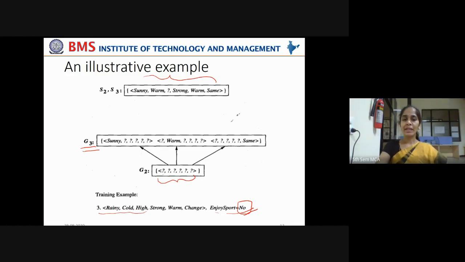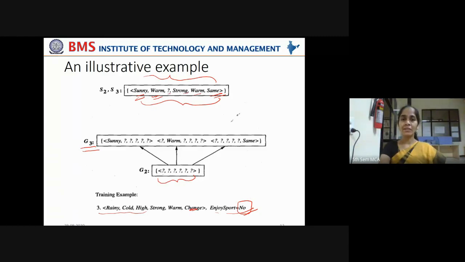See, rainy, cold, and this last attribute have changed when compared to sunny, warm, and same. The other three things, question mark, strong, and warm, didn't change, right? So far, this is the most specific hypothesis that is consistent with the training examples.